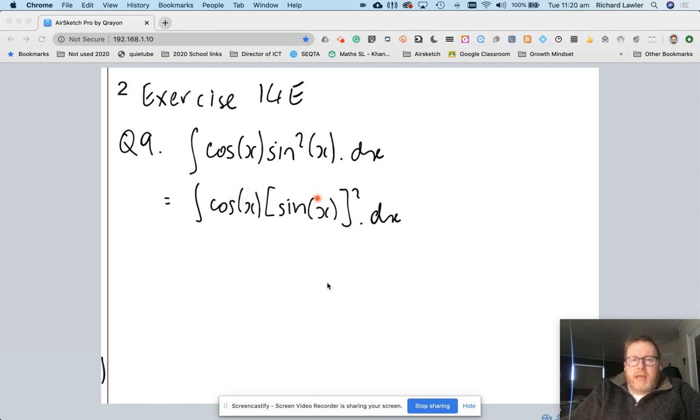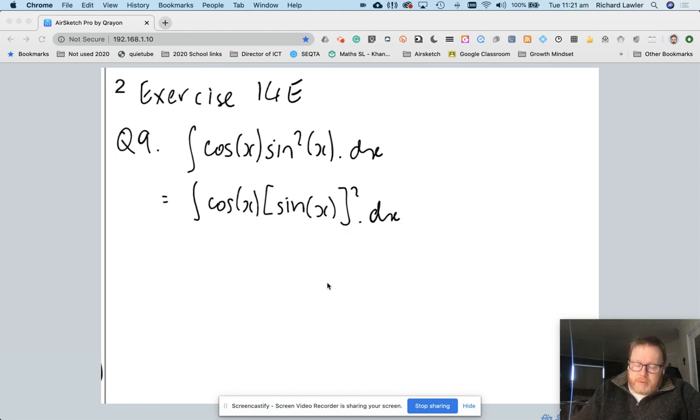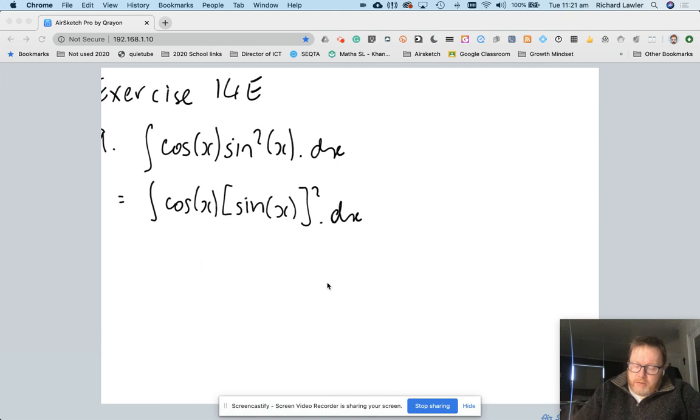Now, if you're thinking ahead, you might remember that the derivative of sine is cosine. And so we've got a match here. Remember, the derivative of the inside needs to be part of the product in order to move ahead with the substitution rule. So let's go with the substitution rule. I'll switch it over to the side for a second.